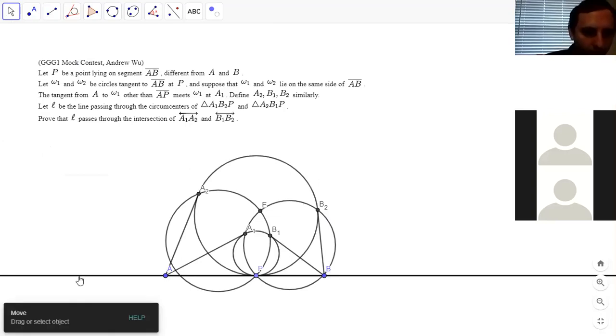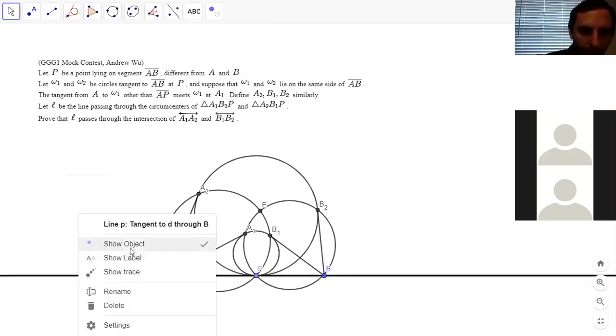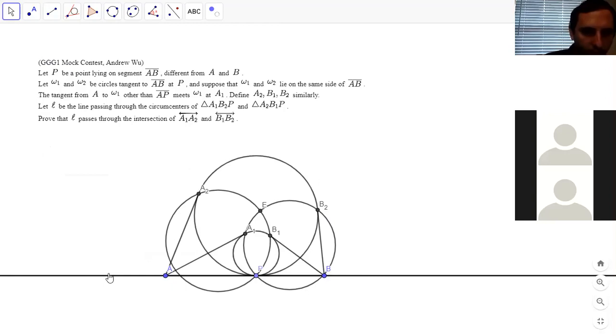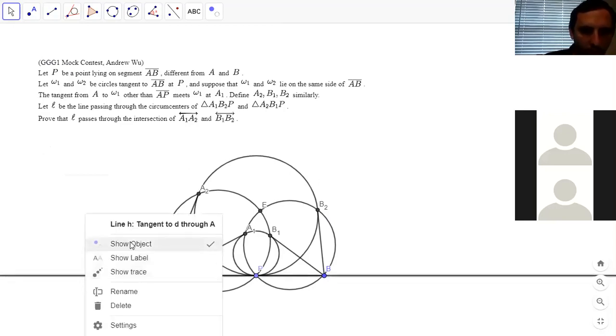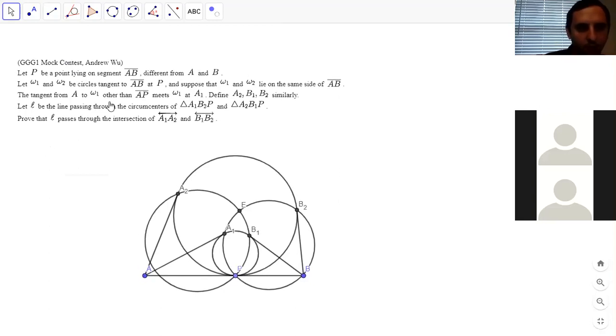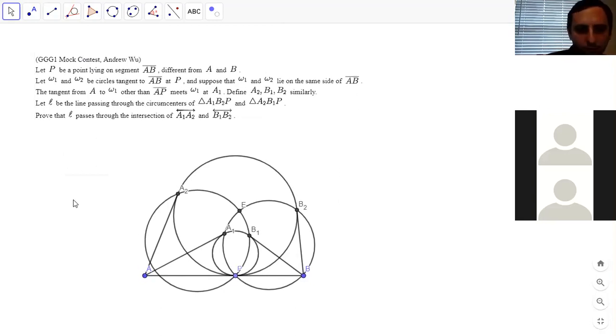I'm probably going to have to hide it a couple times. Yeah, it's not that complicated of a configuration, which is kind of nice. But yeah, we could check that it's true.